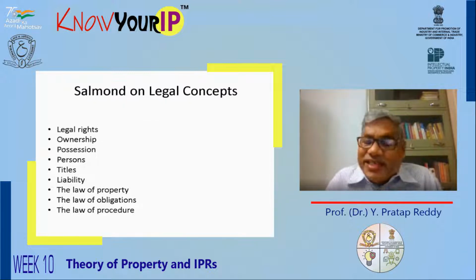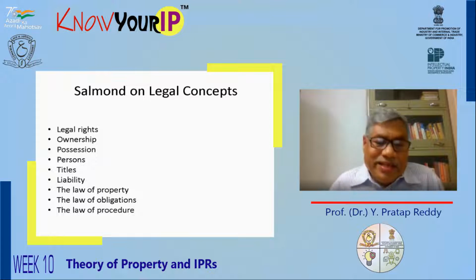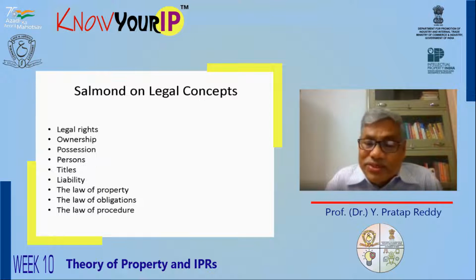Since jurisprudential study, after examining the nature of law, is extended to cover certain legal concepts, I took it from Salmond on Jurisprudence, the third part of the book dealing with legal concepts. What has been discussed by Salmond under the head legal concepts: legal rights, ownership, possession, persons, titles, liability, and proceeded further: the law of property, the law of obligations, the law of procedure.